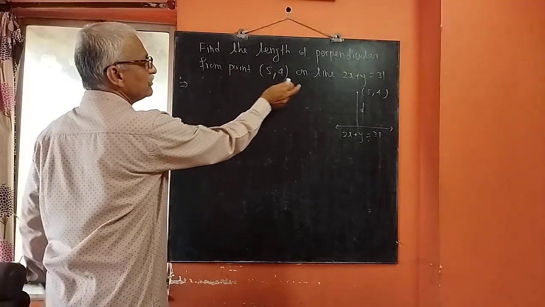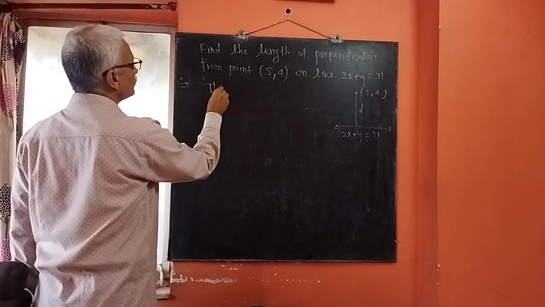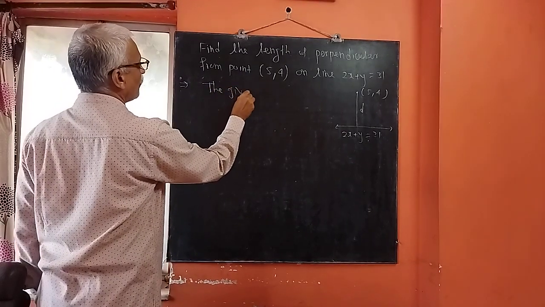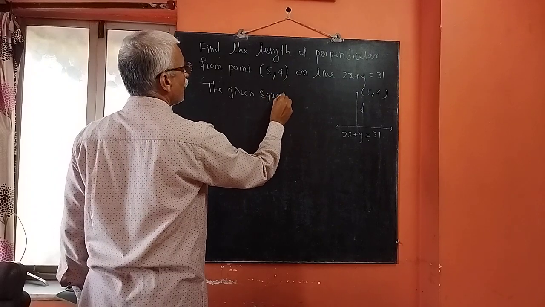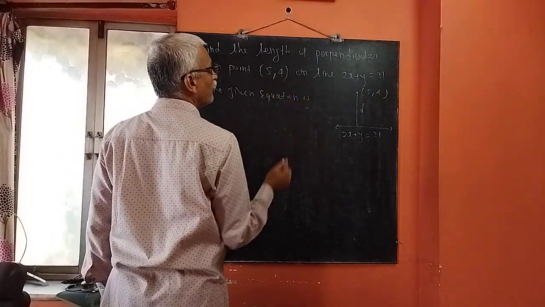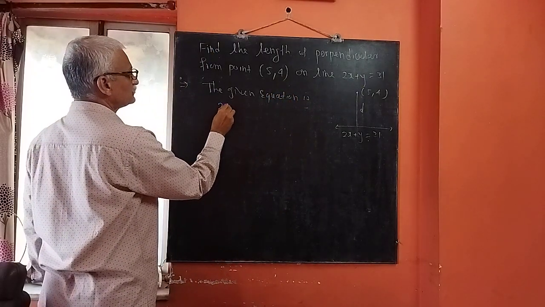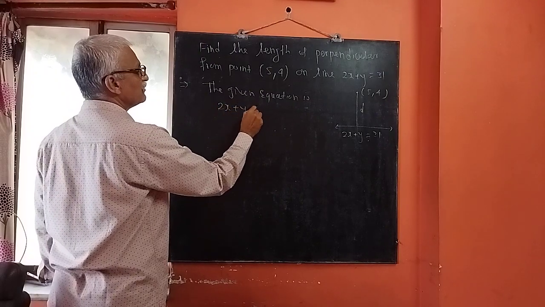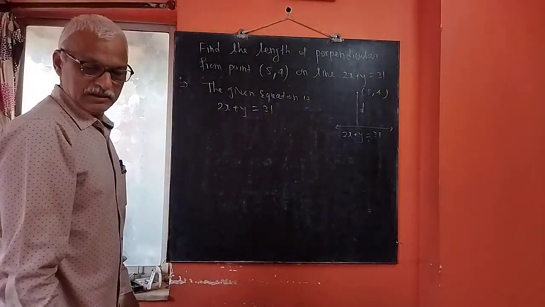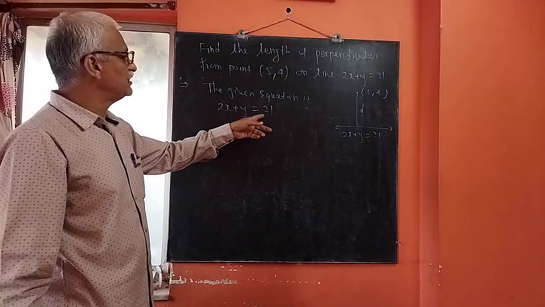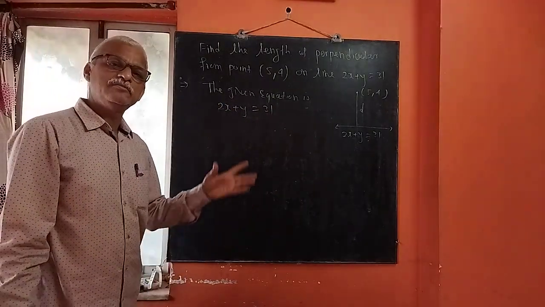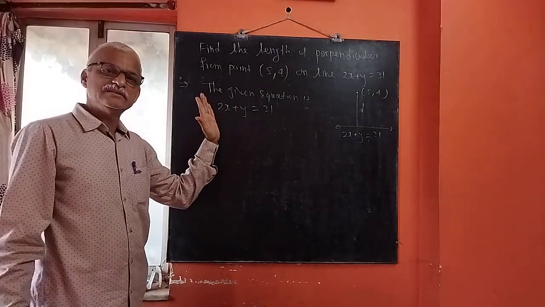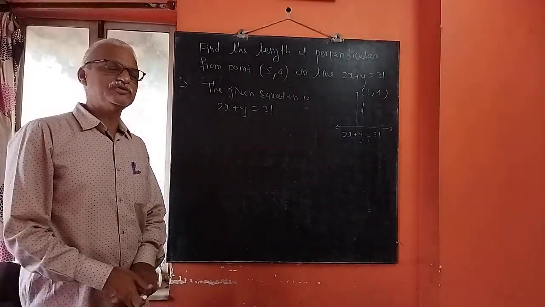Now, the given equation is 2x plus y equals to 31. This equation you have to write down in the general form. What is the general form? Our general form is ax plus by plus c equals to 0.